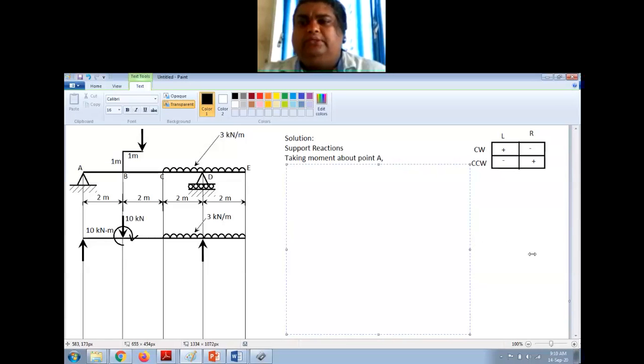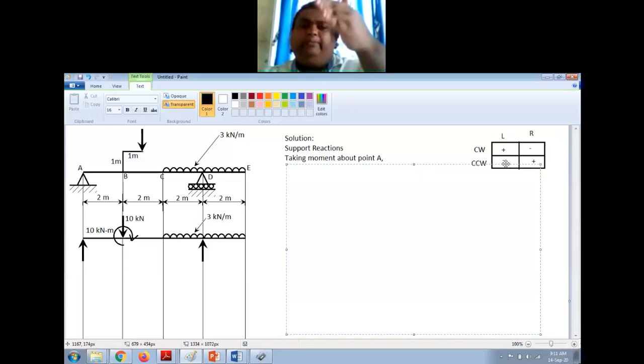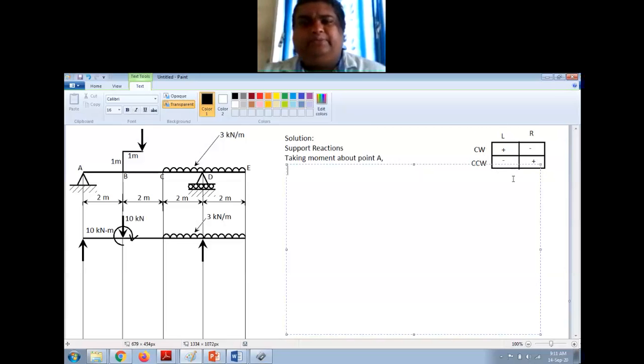If you use it otherwise, let us say right side clockwise positive and left side counterclockwise positive, the reverse of this, the bending moment diagram that you get will be a mirror image. There is nothing wrong in taking different signs, but I would suggest you follow the same sign convention.